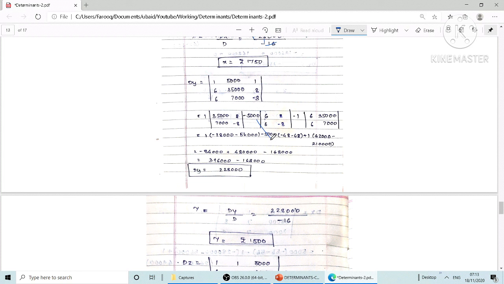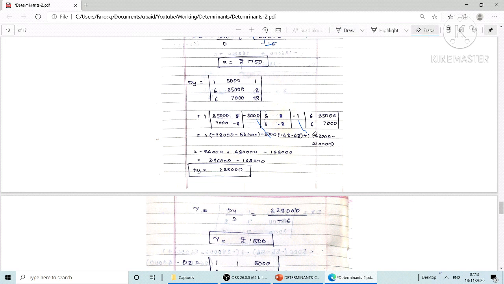Copy this 5,000 as it is down. 6 into minus 8, minus 48. 6 into 8, 48. Copy this minus 1 as it is down. 6 into 7,000, 42,000. 35,000 into 6, 2,10,000 we will get.